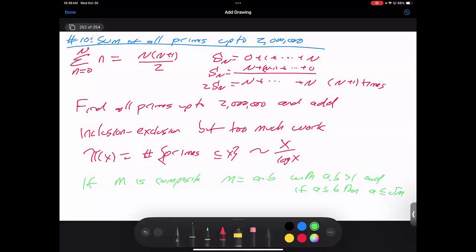So if we want to check to see if a number is prime, we only have to look at factors up to the square root of that number.